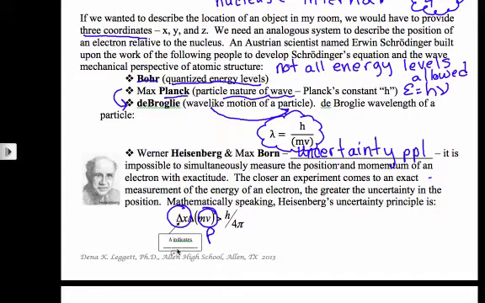So there'll be a certain change or uncertainty in the position, and there's going to be some uncertainty in the velocity, and it's always got to be greater than Planck's constant over 4 pi. It's amazing how pi just shows up everywhere. So the more uncertain we are about the position, actually the greater we can know about the velocity, and vice versa. And that leads us into the fact that we're only going to be talking about the probability of finding an electron.